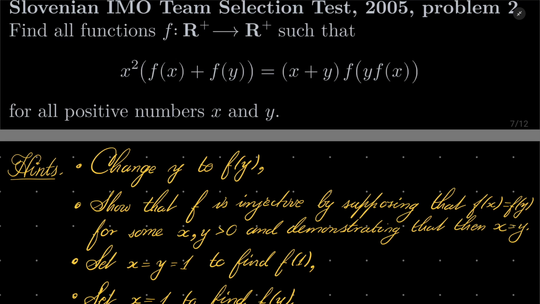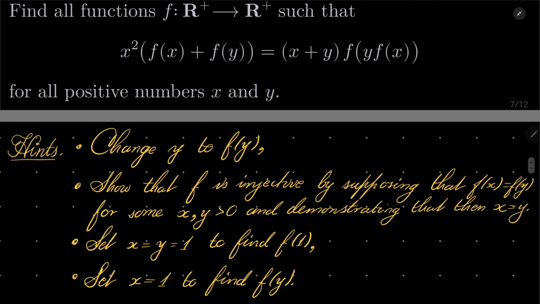The fact that we are dealing with positive numbers will be useful. It's the hardest part of this problem. Once you show that our function is injective, set x and y to be 1 and find f(1), and finally set x to be 1 and find f(y). So give this problem a try and I will see you in just a minute.